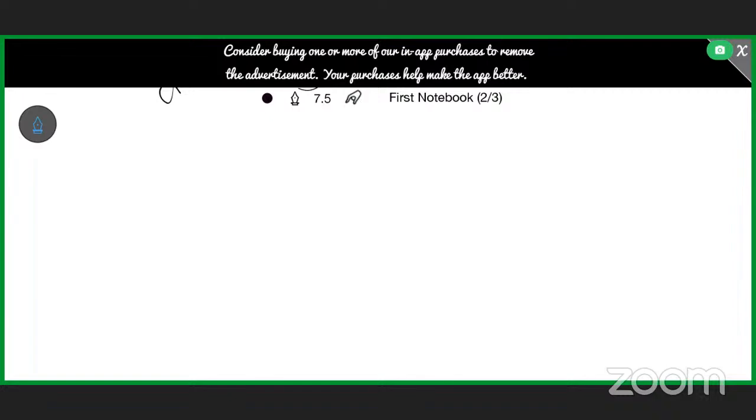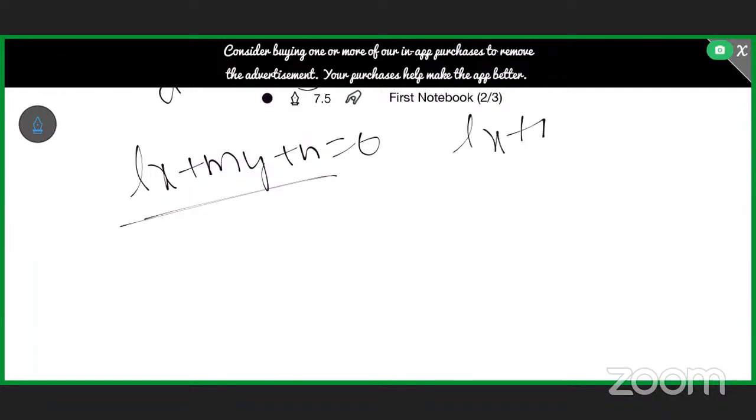Now, let us say there is one line Lx + My + N = 0. This is the equation of a line in Cartesian form. In 3D we get a line as Lx + My + Nz + C = 0.